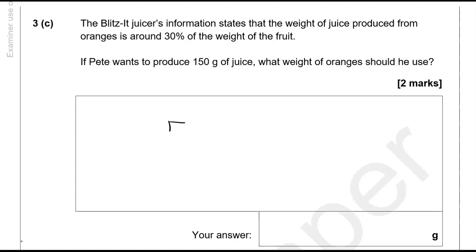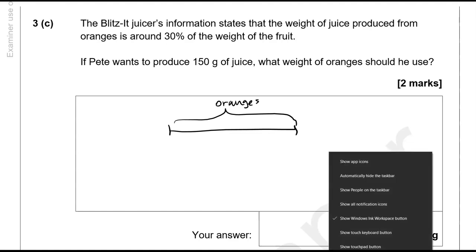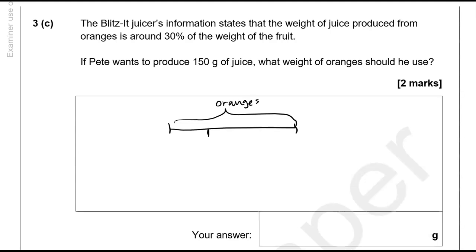So if we think of 100% as being the weight of oranges, then only 30% will be the weight of the juice. And he wants to produce 150 grams of juice. What weight of oranges should he use?